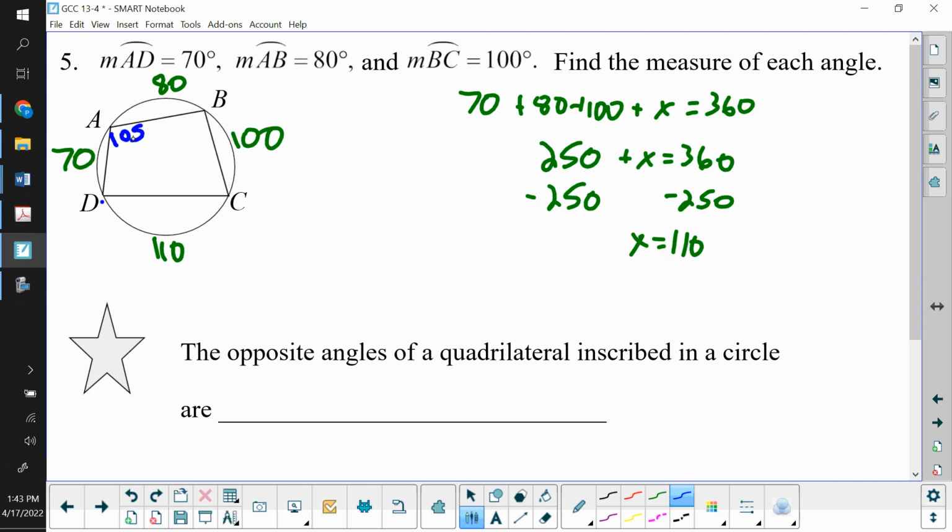So that's angle A. Let's go to angle B. Notice angle B is inscribed, and if we follow it, it hits the circle at A and C. So it's opening up to this arc for angle B. If we add those together, we get 180. Because it's inscribed, it's half of the arc, and half of 180 is 90.